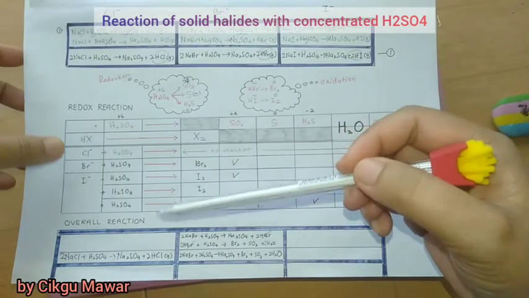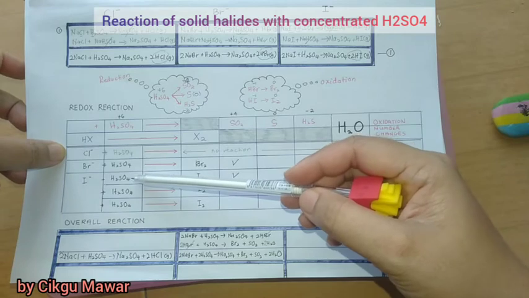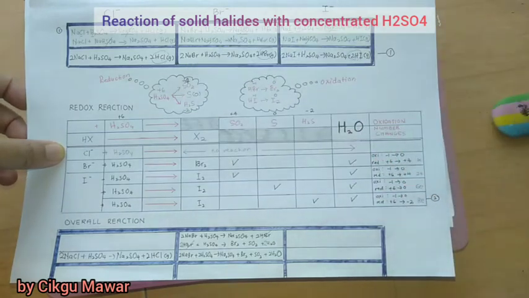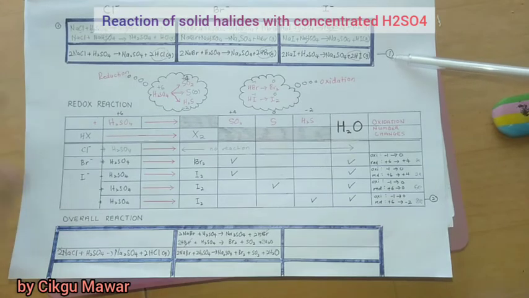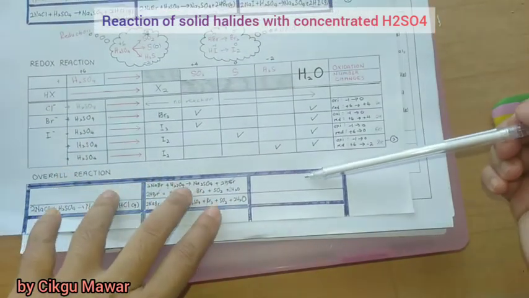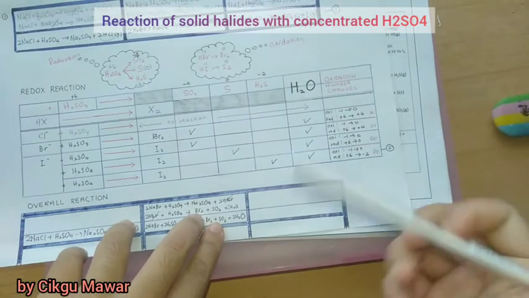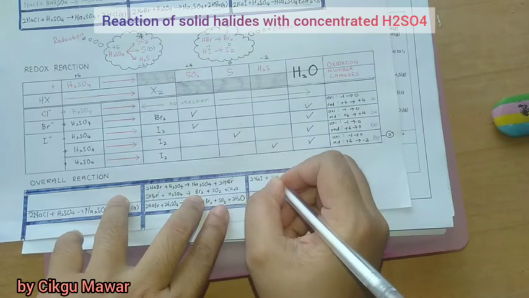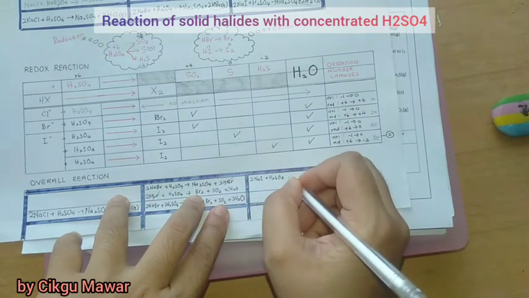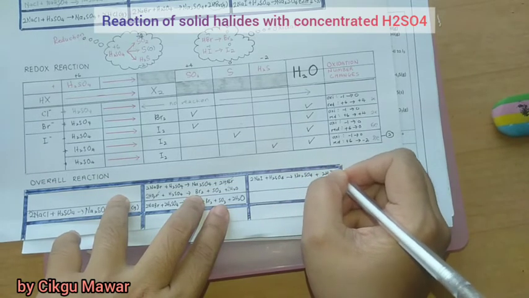Now let's write the overall reaction of iodide with concentrated sulfuric acid. The first one is the displacement reaction. Fill up the table below, for displacement reaction we put 2 NaI, 2 sulfuric acid, to form sodium sulfate with 2 mole of hydrogen iodide gas.